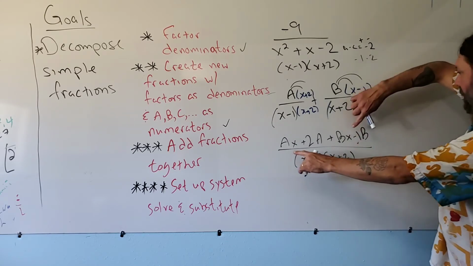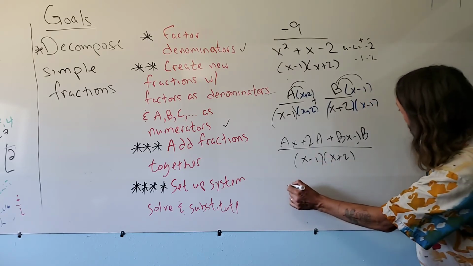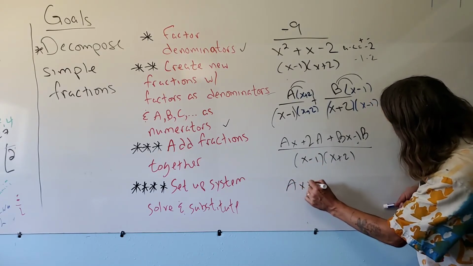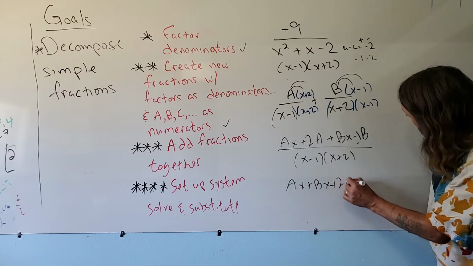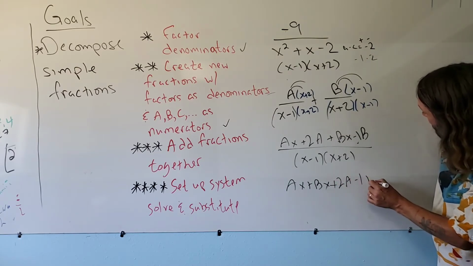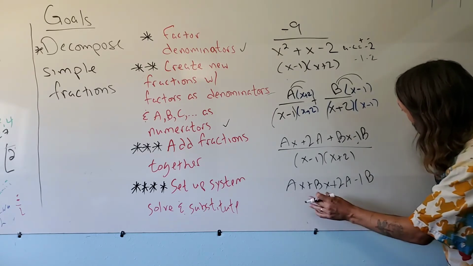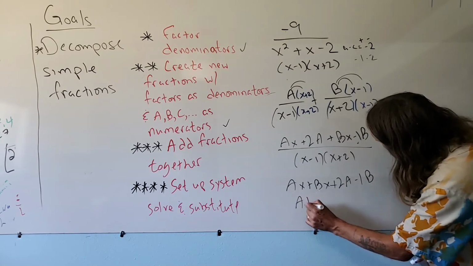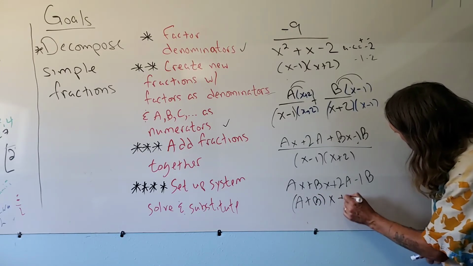Let's get the numbers with the x's together and the numbers without the x's together. So now I have ax plus bx plus 2a minus 1b. And that's over, well, let's do one more thing. Let's call this a plus b x.